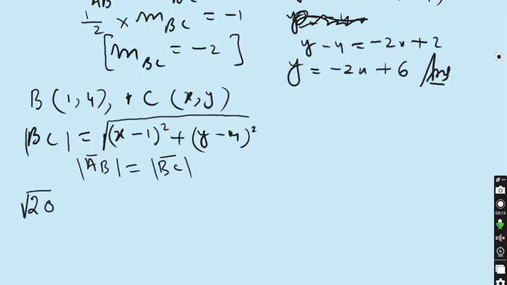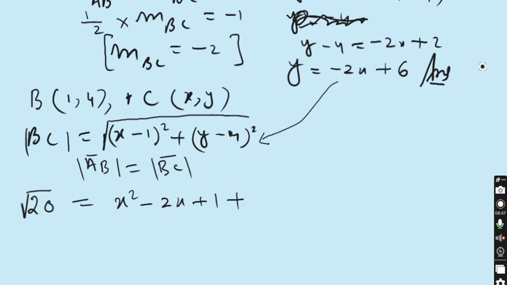So you can put root 20 instead of BC, equal to the square root of (x minus 1) whole square, that is x square minus 2x plus 1, plus (y minus 4) square. Because C is on the line BC, you can put the value of y under the square root formula, that is y minus 4.